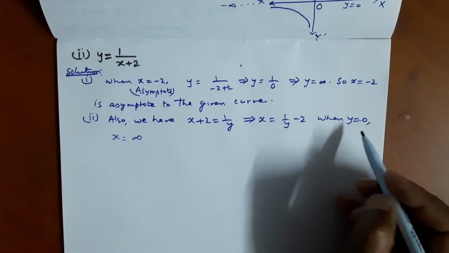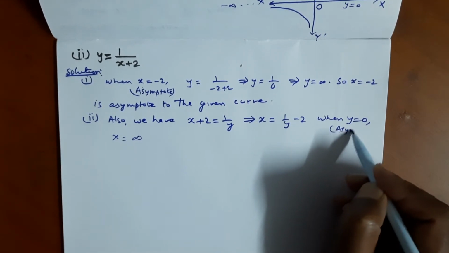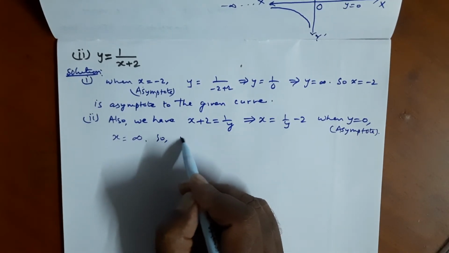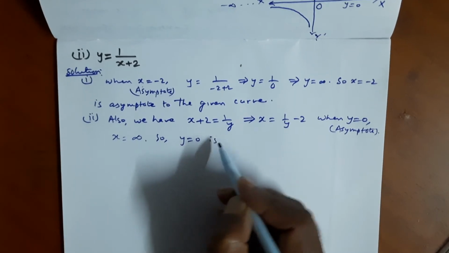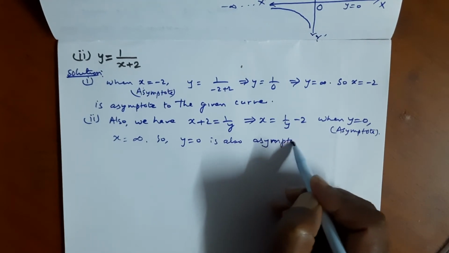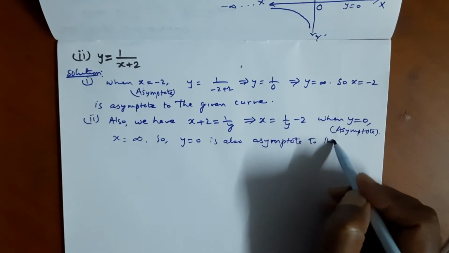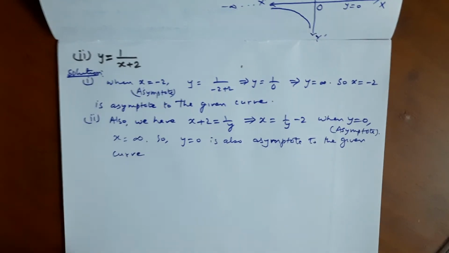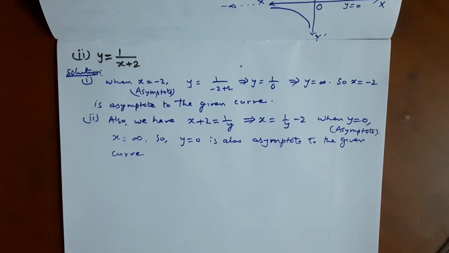Therefore y equals 0 is also an asymptote to the given curve. This asymptote is actually a straight line. The curve goes together with the straight line, but it doesn't meet this straight line at a finite distance. It meets only at infinity.